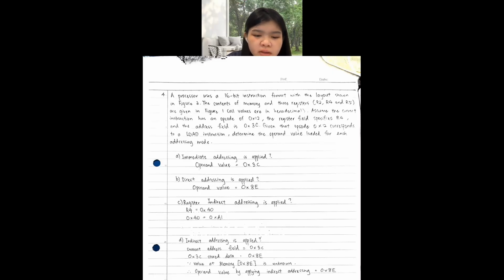Since the value at memory 0x8e is unknown, the operand value by applying indirect addressing will be 0x8e. That's all for my explanation. Thank you.